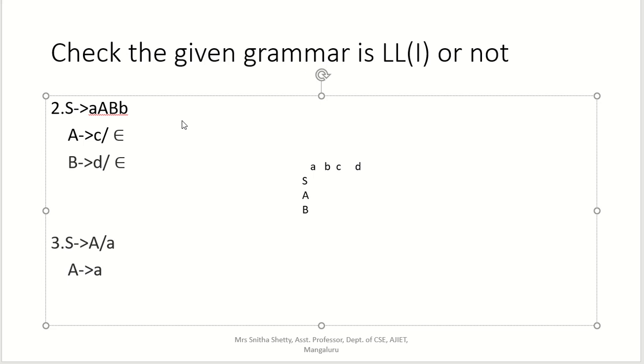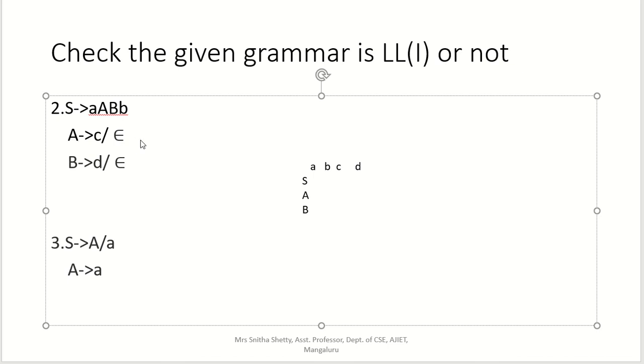Just by looking at the grammar you can decide whether it is LL1 or not. S gives AaB, so I place S here. The next production is A gives c, so you place it here. Next is B gives d, so you place B gives d here.